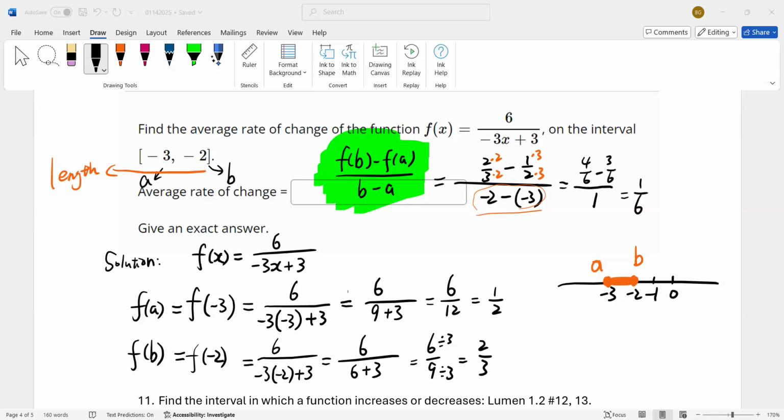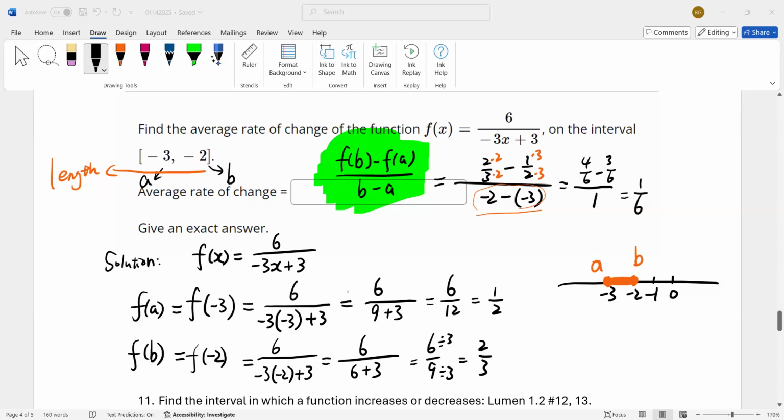Because output depends on the input, when the input changes, the output makes a corresponding change. And the average rate of change describes, averagely speaking, every time the input changes 1 unit, how much change it causes in the output. So that's how we understand the meaning.